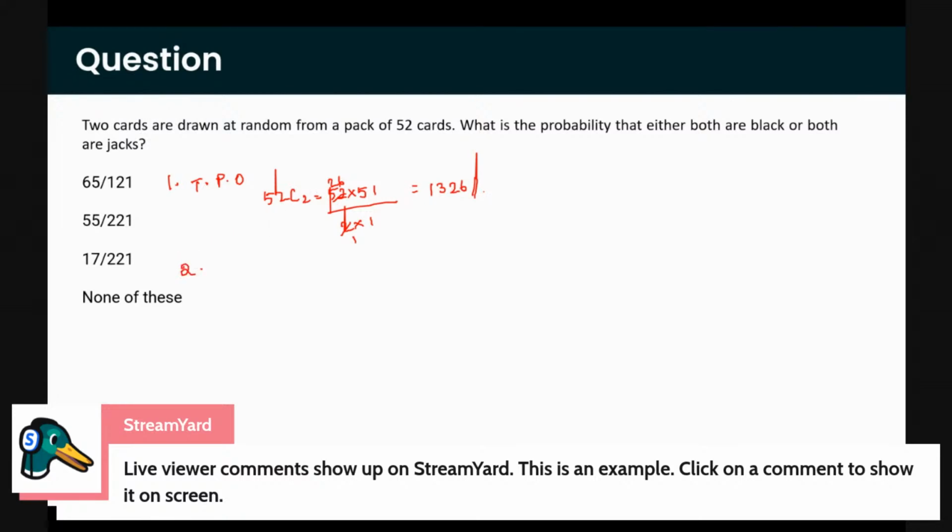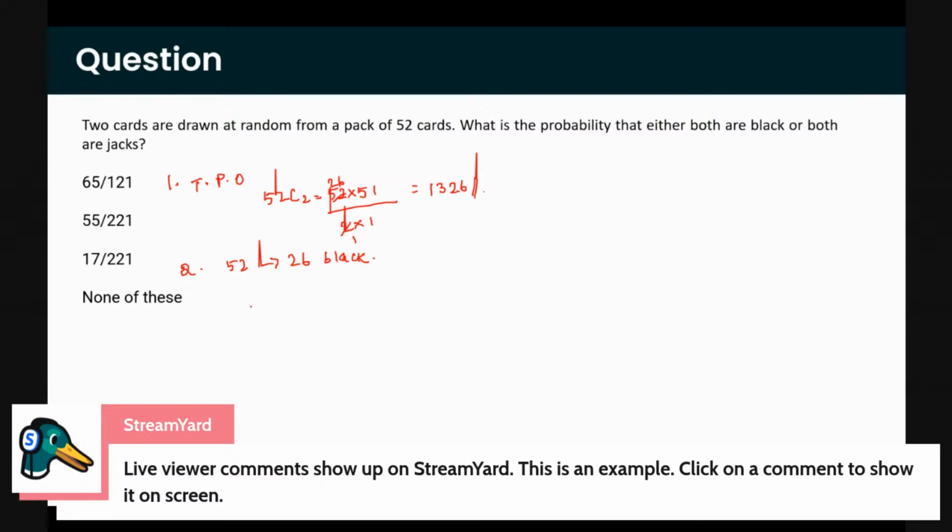Next, at step 2, we calculate the probability of both cards being black. There are 26 black cards in a deck, correct? In 52, 26 black cards are there. The number of ways to draw two black cards from these 26, because we want the probability that either both are black or both are jack.